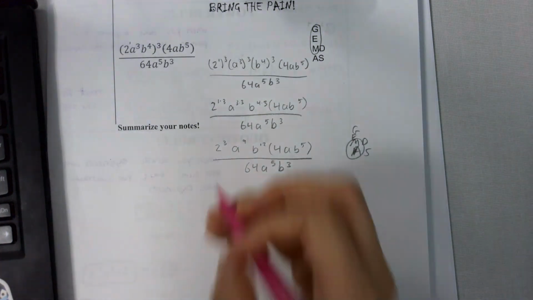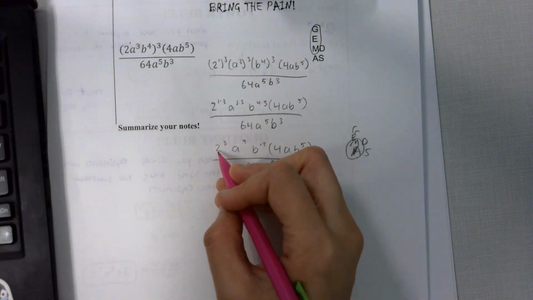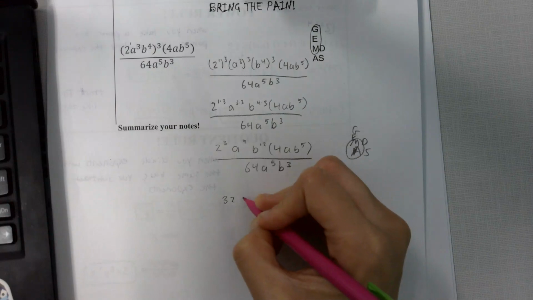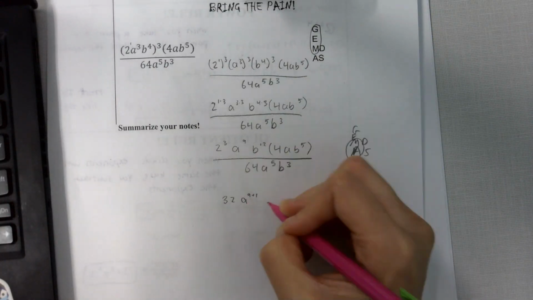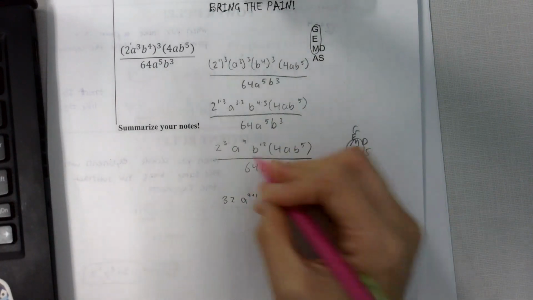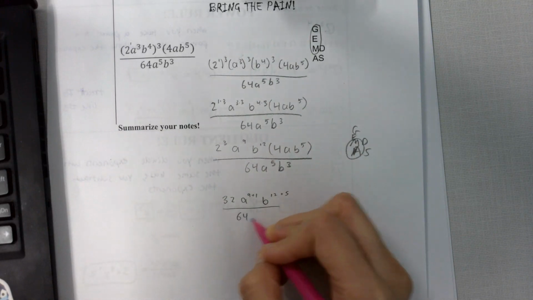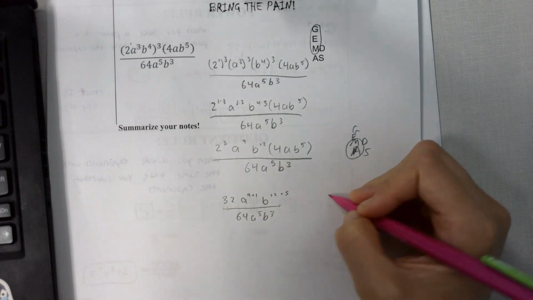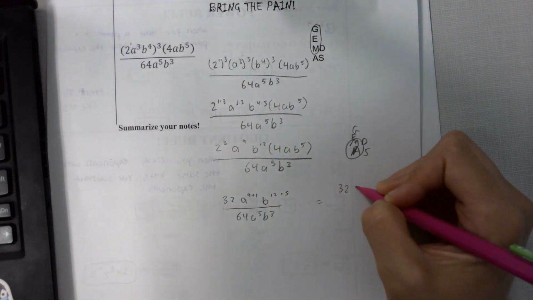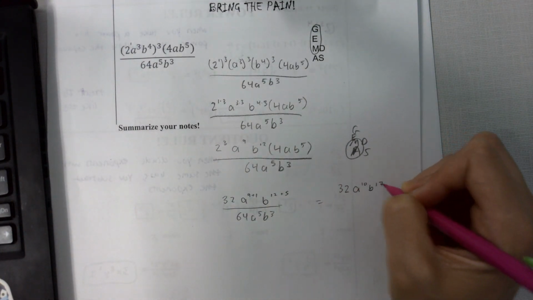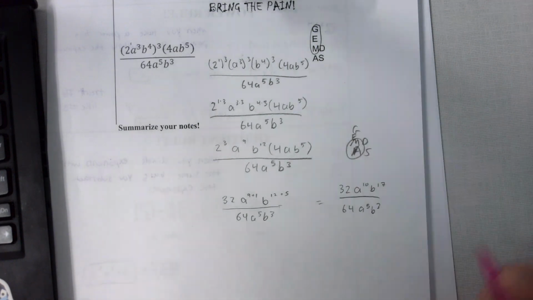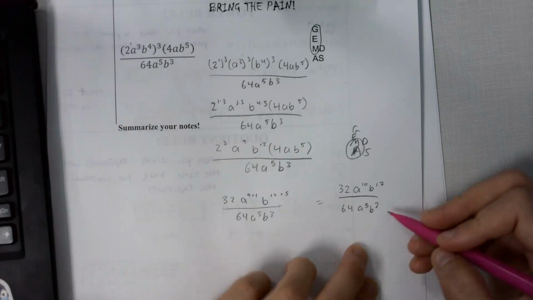So we have 2 times 2 is 4, times 2 is 8, times 4 is 32. We have a to the 9 plus 1, b to the 12 plus 5, because we're adding right here. And then we have 64, a to the 5th, b to the 3rd, that stays the same. So we have 32, a to the 10th, b to the 17th, over 64, a to the 5th, b to the 3rd. And now we're doing subtraction.